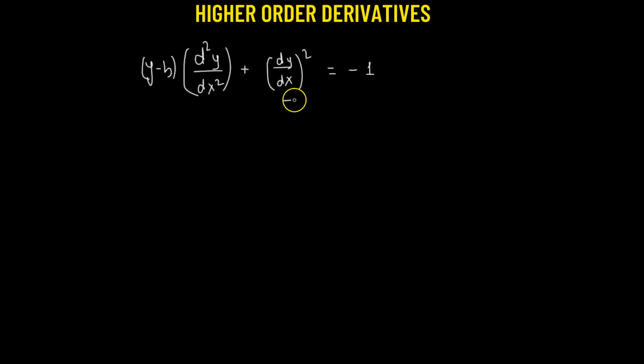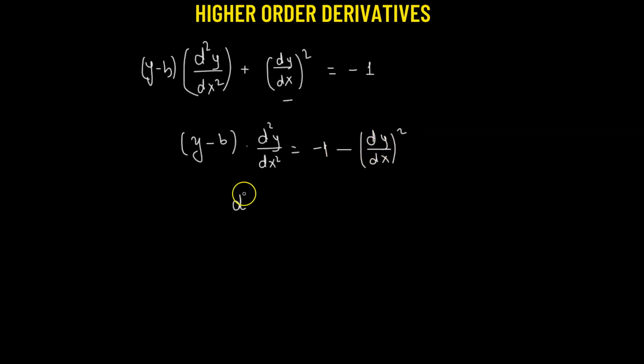Now we'll take the second term to the right hand side and we have (y minus b) multiplied by the second derivative of y with respect to x, equal to negative 1 minus the derivative of y with respect to x whole squared.